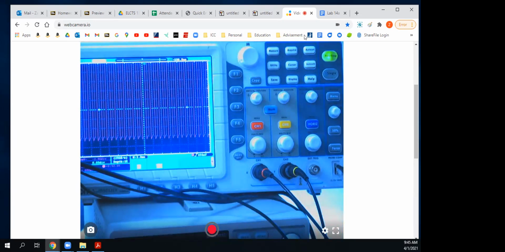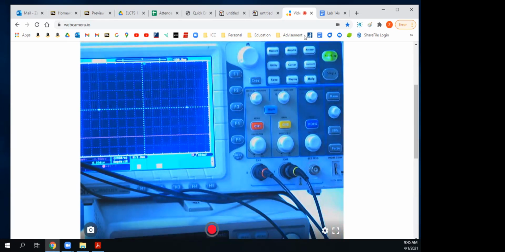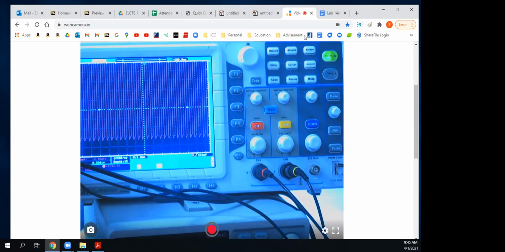What case will we use for the... All I'm doing is the positive lead on the top part. Should be 5 volts at 1 kilohertz.